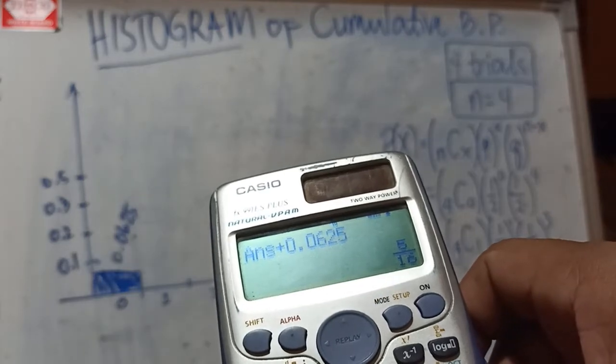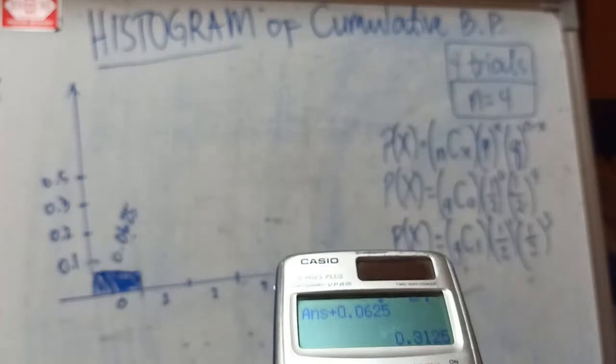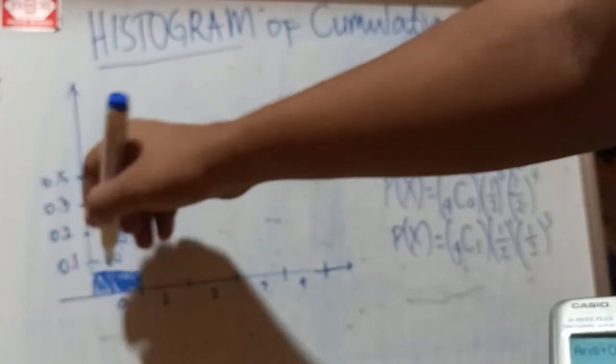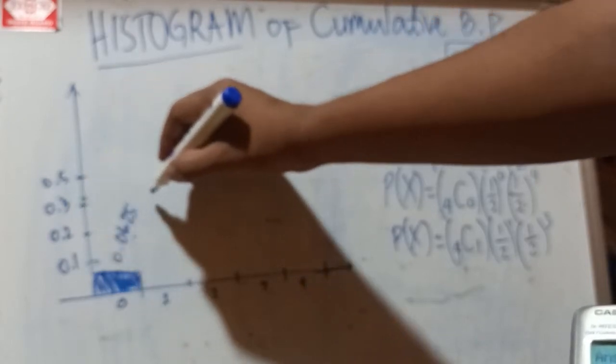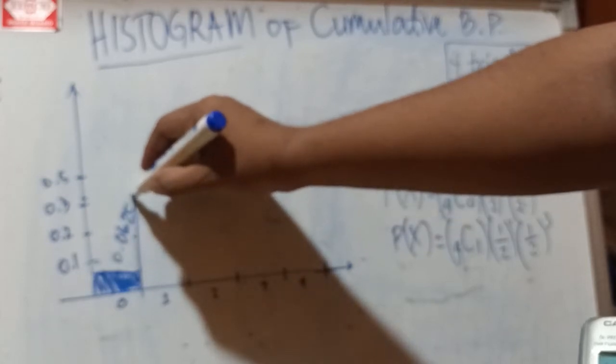So we get 5/16 or 0.3125. So we put 0.3125 here, like that.